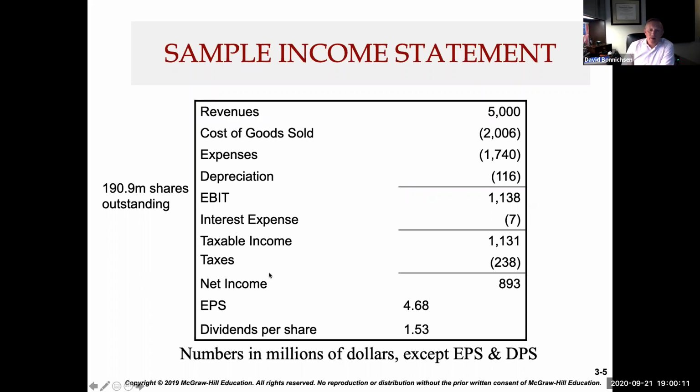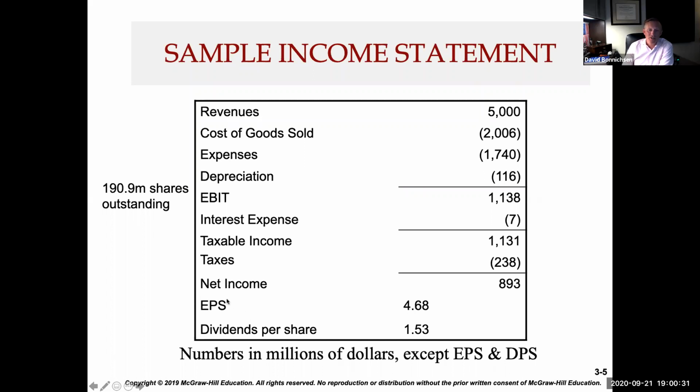When we take the $893 million of net income, earnings, and we divide that by the 190.9 million shares in the market, we come up with a number, 4.68.